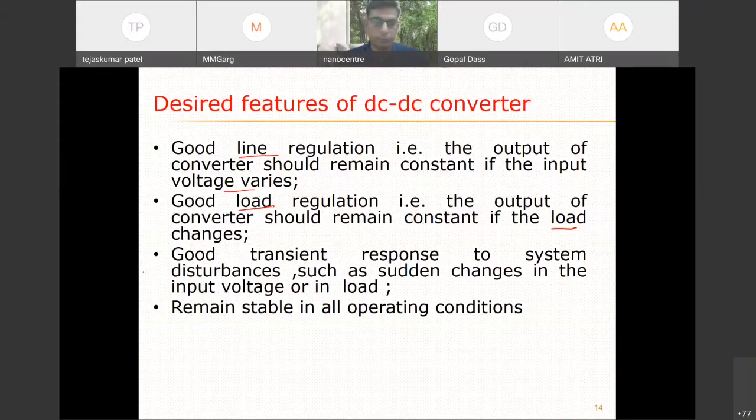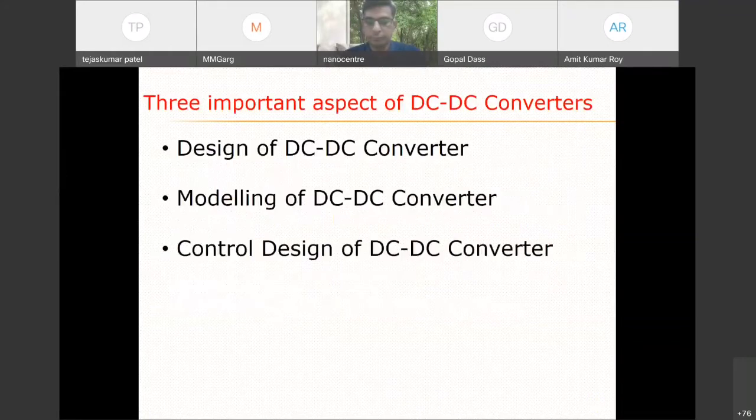Similarly, if there is any change in the system, we ask how far this converter is able to regulate or come back to its reference value. That is the better one. So we say it should have a good transient response. If any disturbance is there, then as soon as it comes to its desired or reference value, that is good. That is the desired feature.